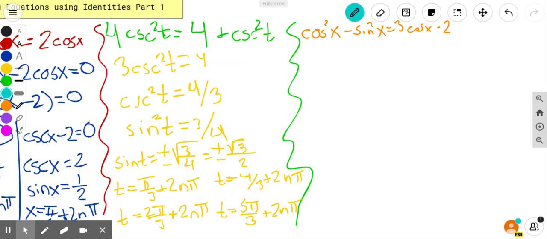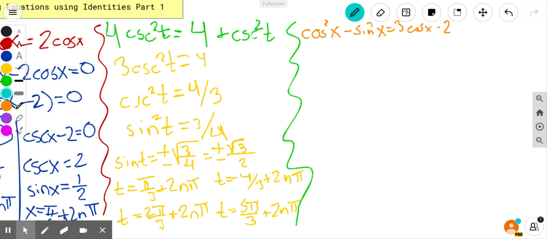So in this problem, I have cosine squared minus sine squared equals 3 cosine of x minus 2. Because I have the cosine of x on the right side, it's in my best interest to rewrite everything in terms of cosine, specifically in terms of cosine of x.